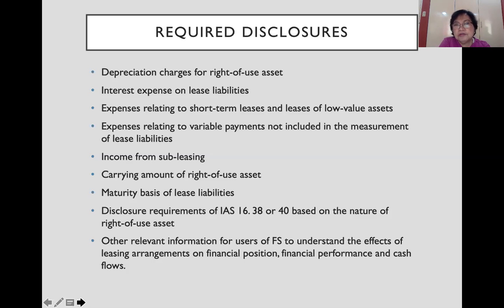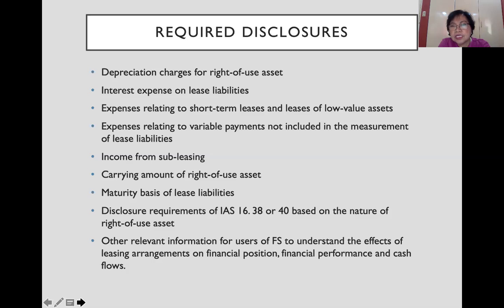So this is your rent expense. So you have to justify why you opted for that exemption. And of course, your justification is this option that is offered by IFRS 16. But you have to justify that that is short-term and that involves low-value assets. Expenses relating to variable payments not included in the measurement of lease liabilities.